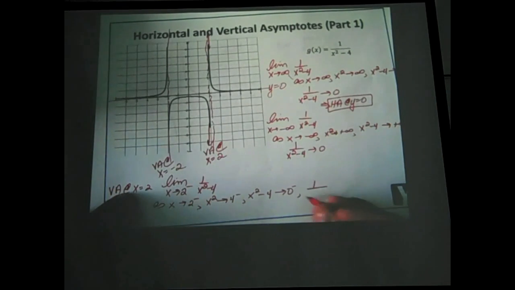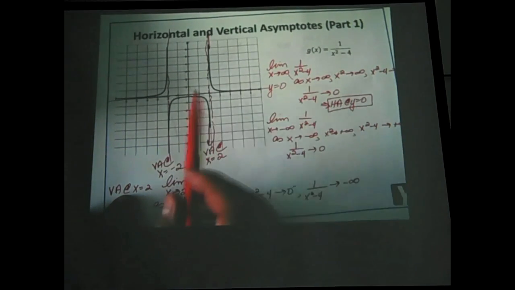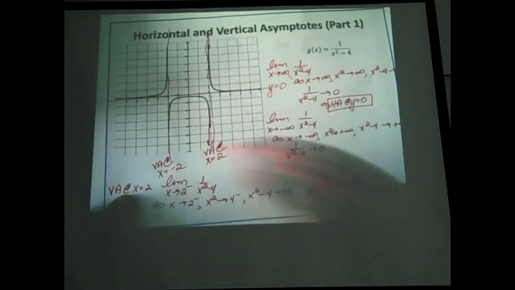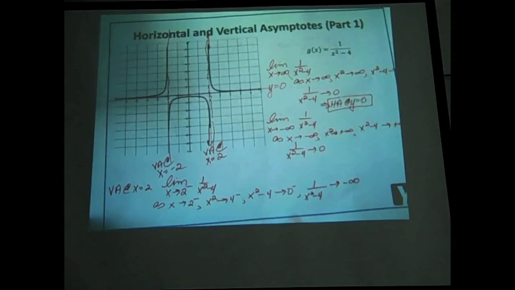You take 1 and divide it by something that is just a little bit less than 0, and that is going to approach negative infinity. I did something wrong there, didn't I? No, I didn't do anything wrong, sorry. Limit as x approaches 2 from the left is negative infinity. If I look at the graph, as x approaches 2 from the left, the graph is heading down towards negative infinity.